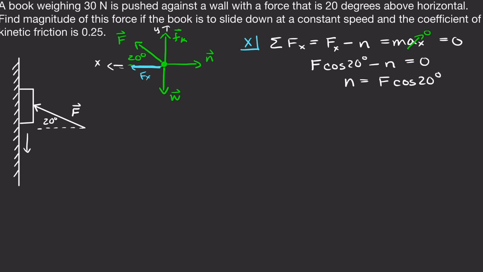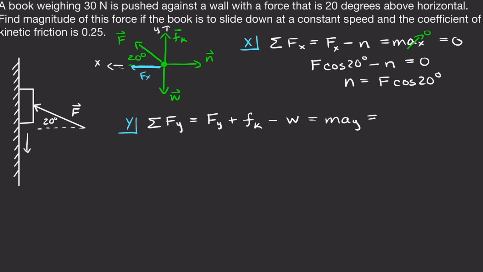Okay. Now I can move on to my y direction. If I sum up the forces in y, I have a positive y component of my applied force plus kinetic friction, and I have a negative weight, and that all equals mass times acceleration in the y direction.